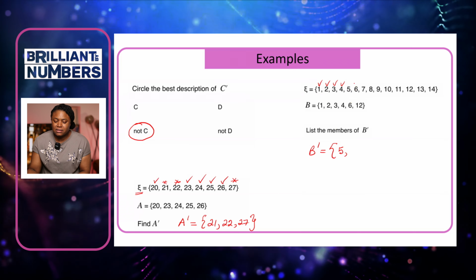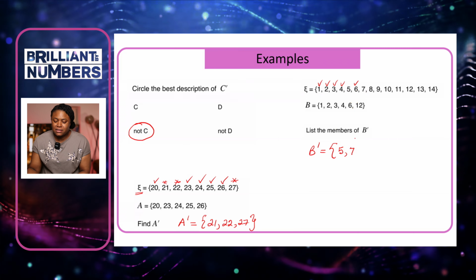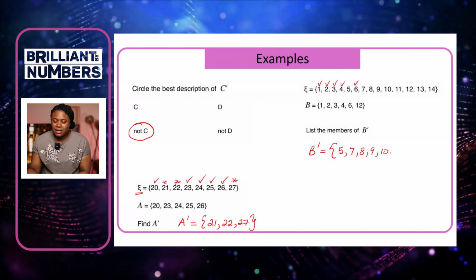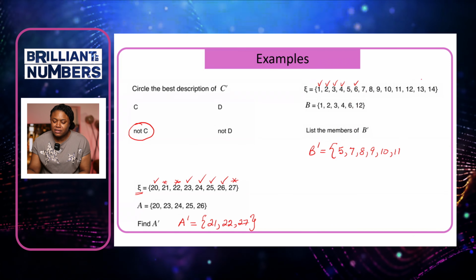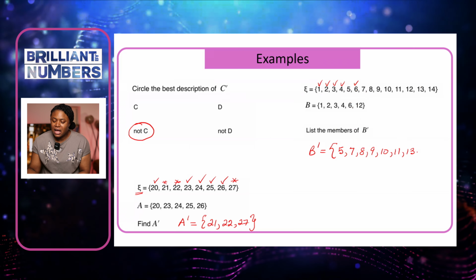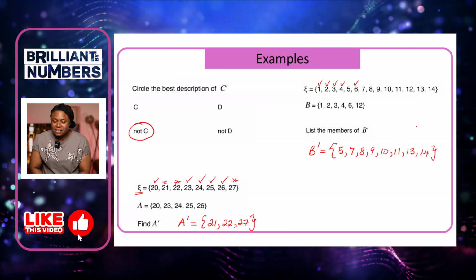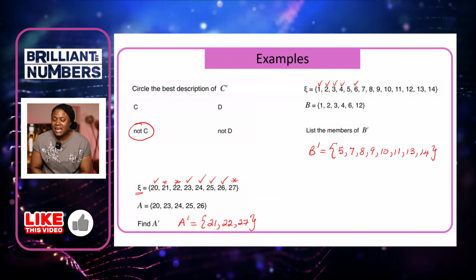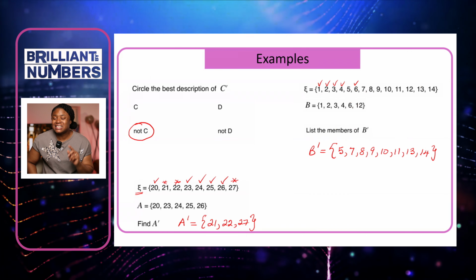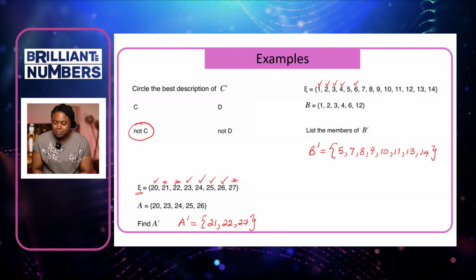We've got 6 in our set, so we don't need that. 7 is not a part of our set. 8, 9, 10, 11, 12 is in our set, so we don't need that one at all. And then it's going to be 13 and 14. So all those elements, 5, 7, 8, 9, 10, 11, 13, and 14 are not a part of the set B, so they are the complement of B.